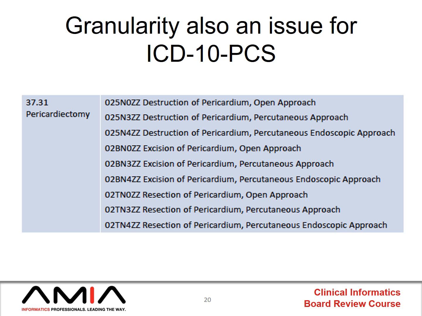And granularity is also an issue for ICD-10-PCS, with the ICD-9 code for pericardectomy and the many ICD-10-PCS codes for various operations related to removing the pericardium in an operation.